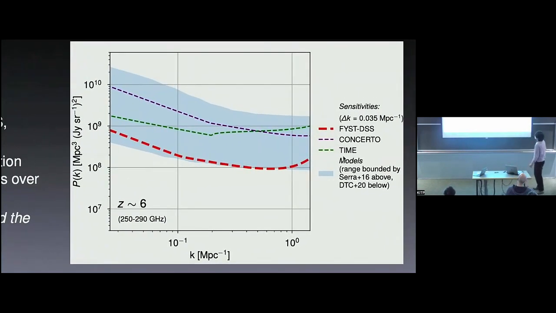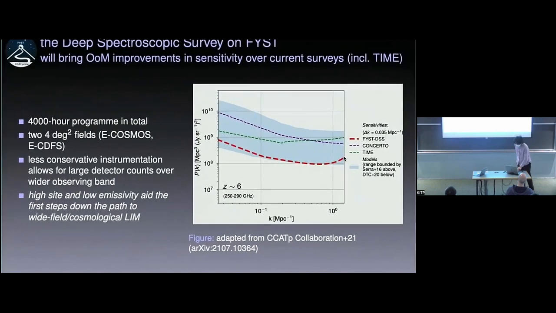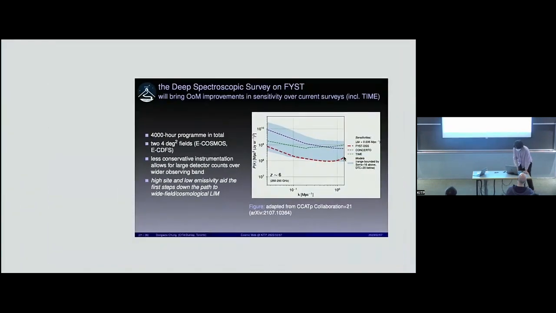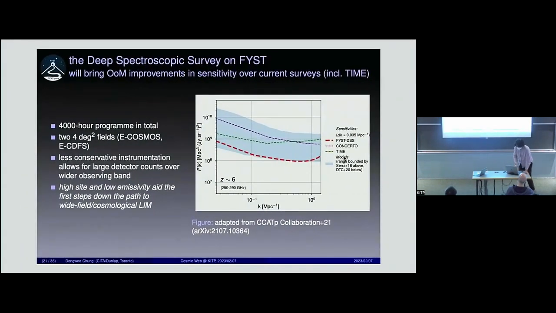And you can see that basically the FYST survey will beat out current generation surveys like CONCERTO and TIME by about an order of magnitude. And that's going to allow us to improve constraints on the existing models by about an order of magnitude. And it's really the high site, the low emissivity, the novel instrument design that's aiding us down the first steps on the path to this wide field line intensity mapping idea.